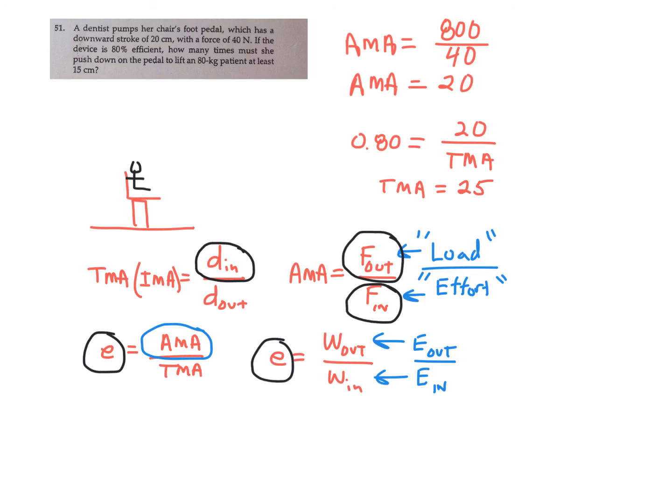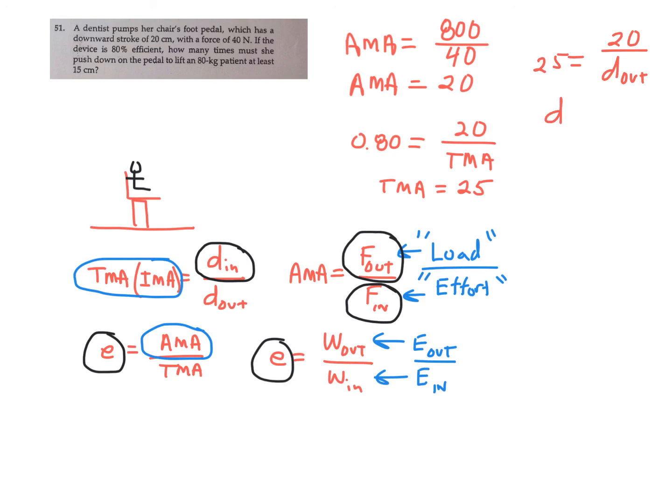All right, so now we have the TMA. Going back over to the equations once again, I now know this is 25. So I'm going to plug into that equation right there, because I know my input distance now is 20 centimeters. 25 equals your input distance that the dentist is pushing with, 20 centimeters, let's leave this in centimeters for now, divided by the distance output.